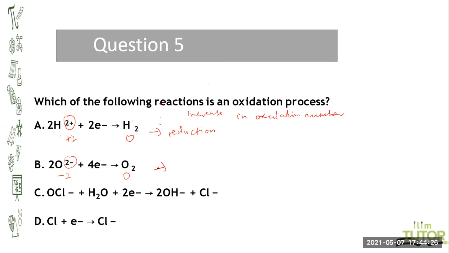So if that should be the case, then 0 is greater than -2. So there is an increase. Having 0 is better than owing something. So this is an oxidation process because there is increase in oxidation number.